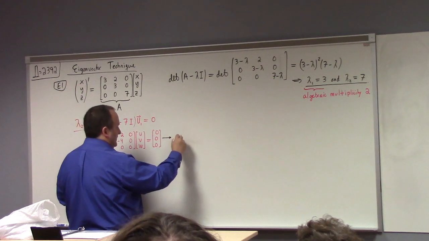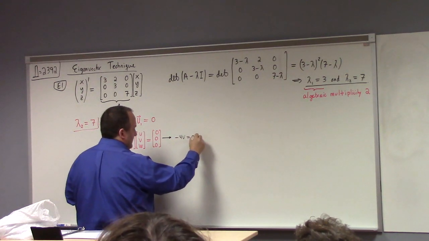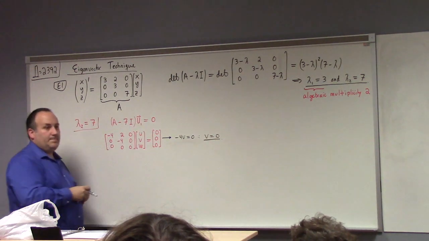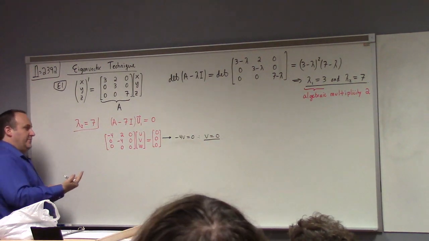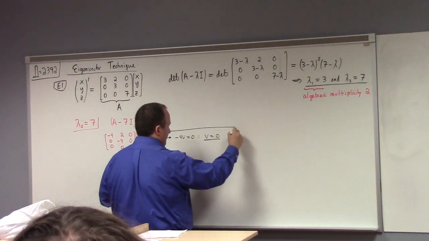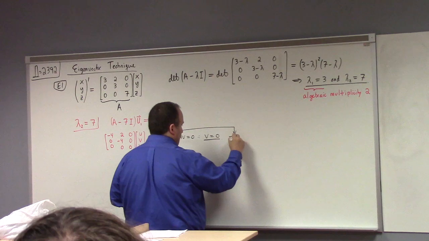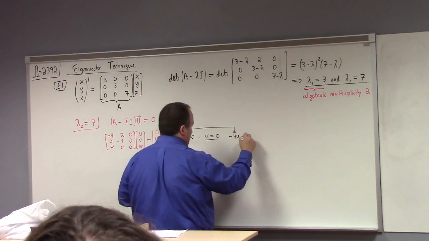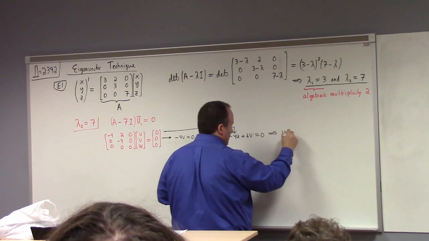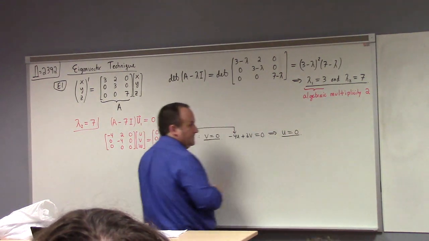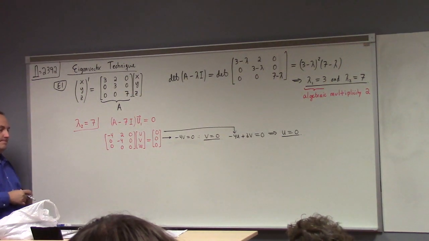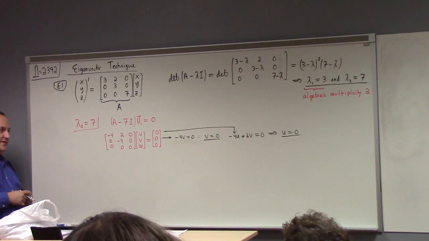That tells me minus 4v equals 0, so v is equal to 0. We're stuck with that, right? Then if I work my way up to here, I get minus 4u plus 2v equals 0, which tells me that u is equal to 0. So we've got u equal to 0 and v equal to 0.